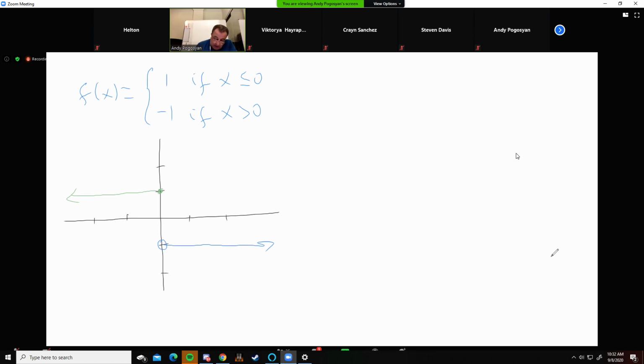X approaches 0 from the left, which means x is less than 0, f of x approaches 1. X approaches 0 from the right, which means x is greater than 0, f of x approaches negative 1.